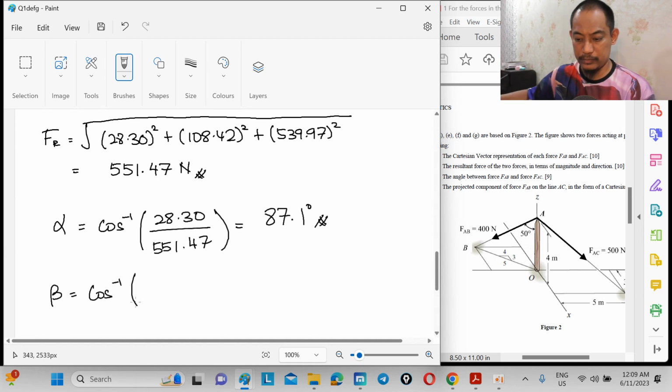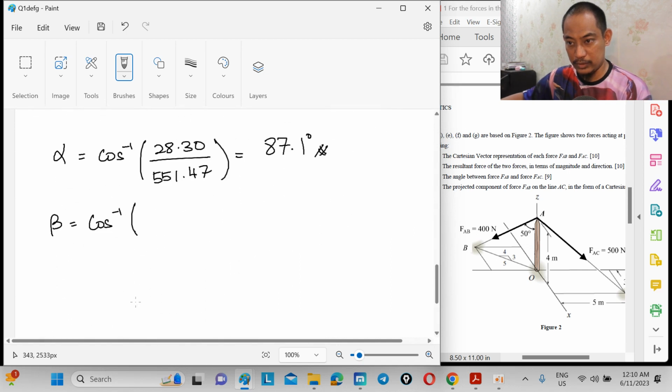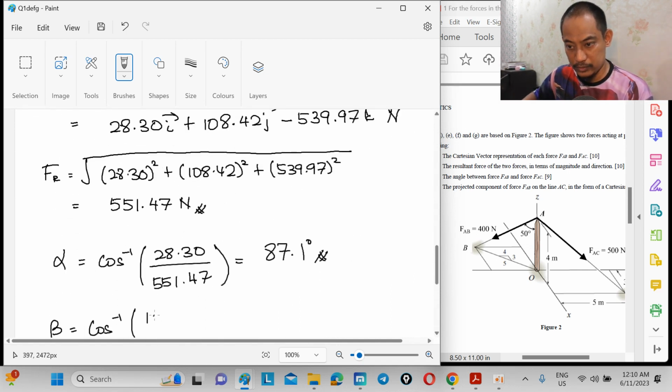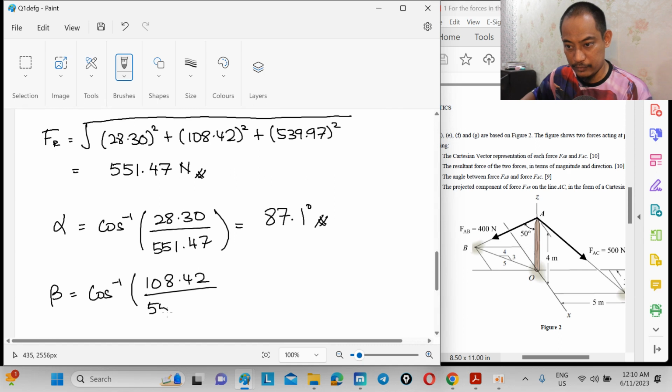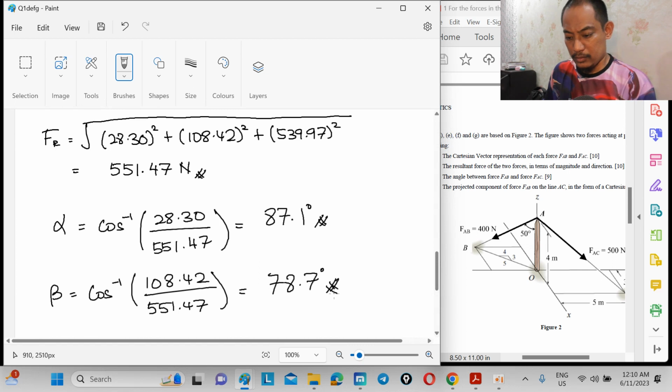Cos minus 1 of 108.42 divided by 551.47. That should be 78.7 degrees.